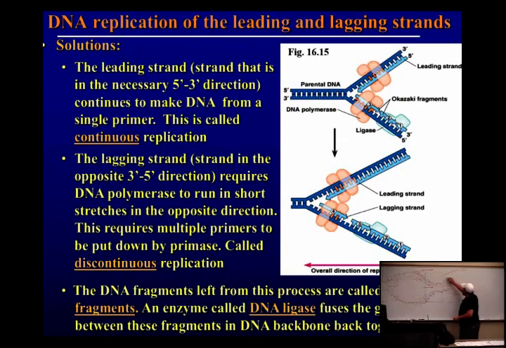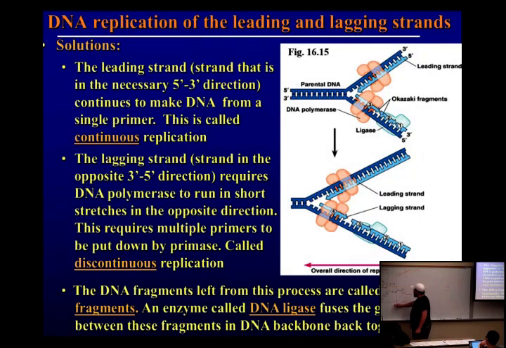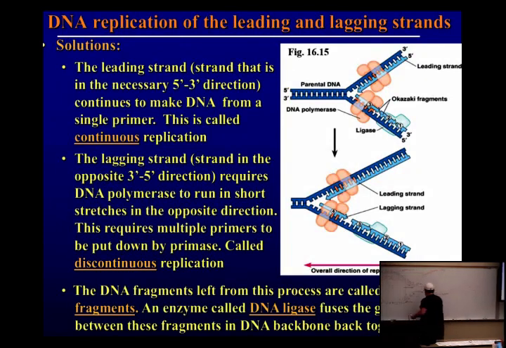So if this one's continuous and leading, then what would you call this one that has to be made in little pieces? So this one is called discontinuous or the lagging strand.